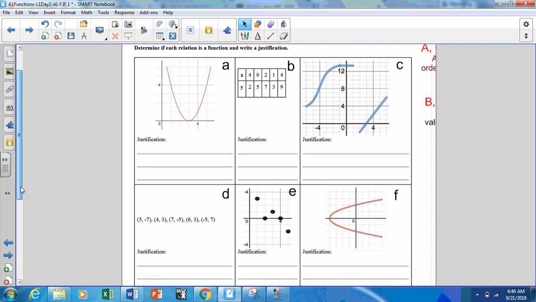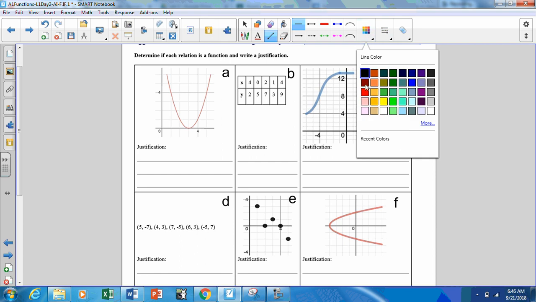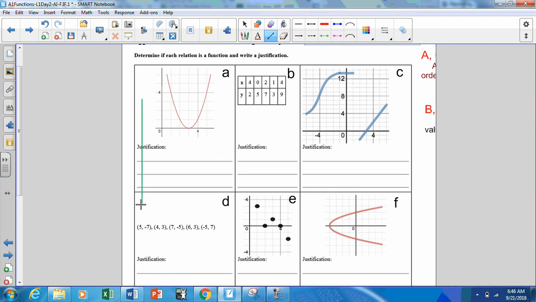Right now what you see is my vertical line. As I take this vertical line, the goal is to move it from left to right. What you're looking for is if there's any point on the graph that touches the line more than once. As long as it doesn't, we can say this in fact is a function. So A passes the test.